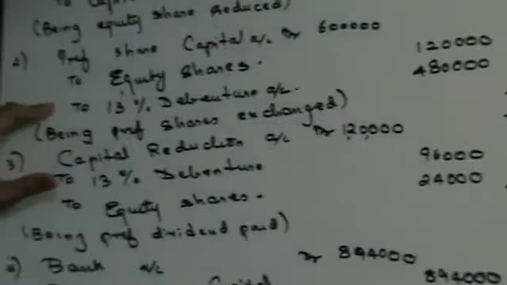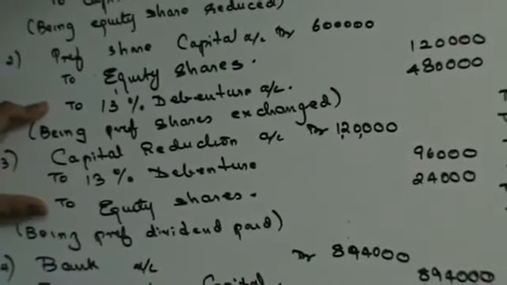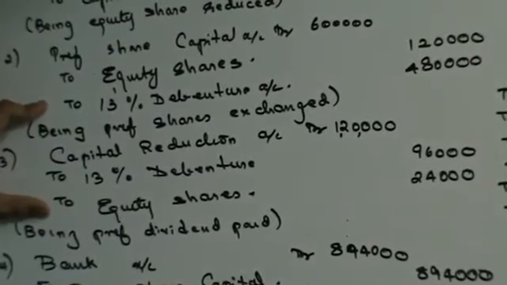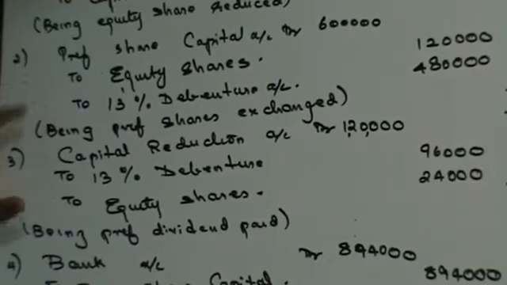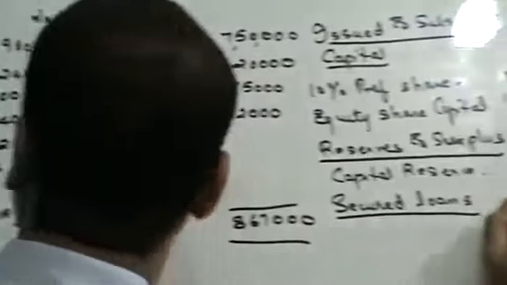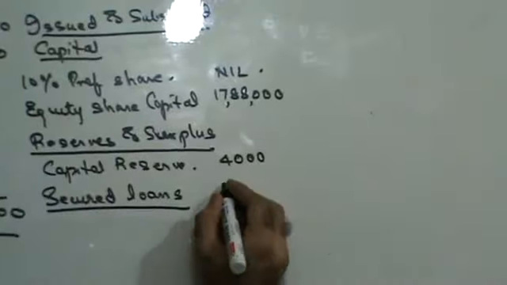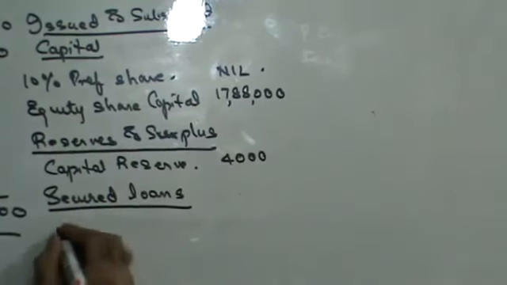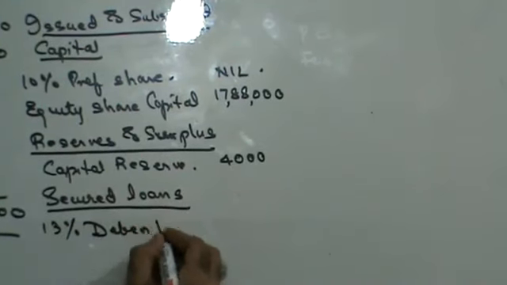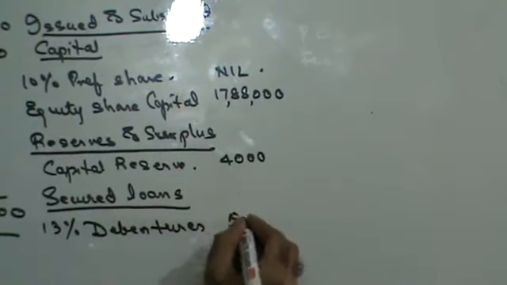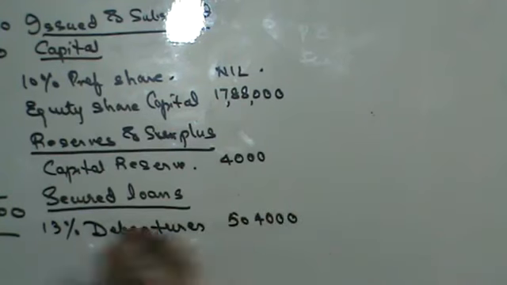You have issued 13% debentures of 4,80,000 and then 24,000. So you have issued debentures of 5,04,000. Right, both are on the credit side. Those are only debentures you issued. That's 4,80,000 plus 24,000, 5,04,000. 13% debentures 5,04,000.